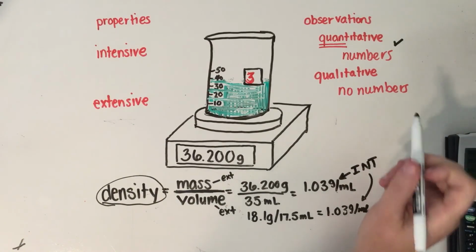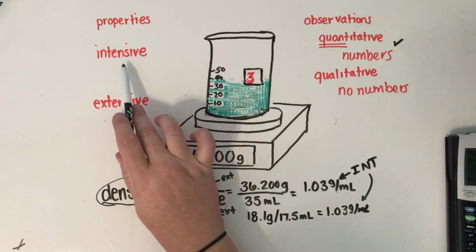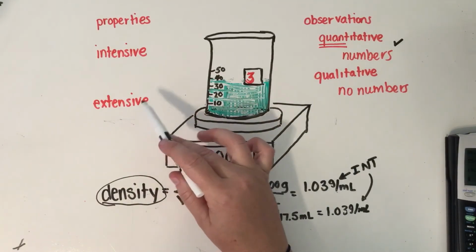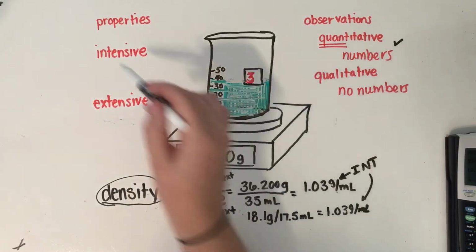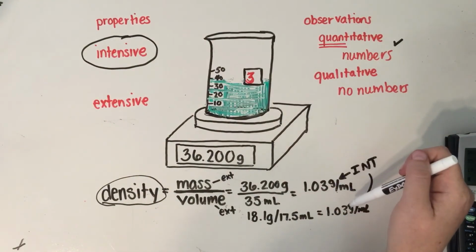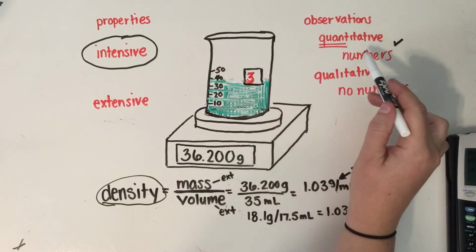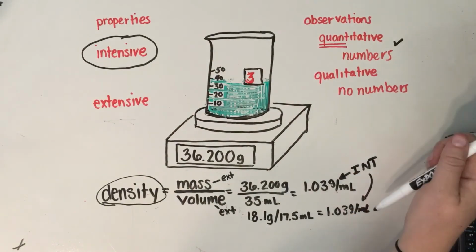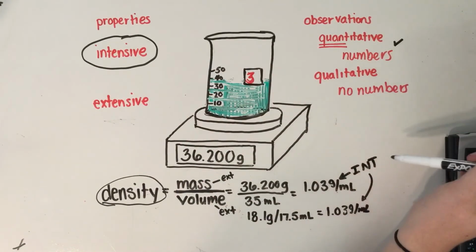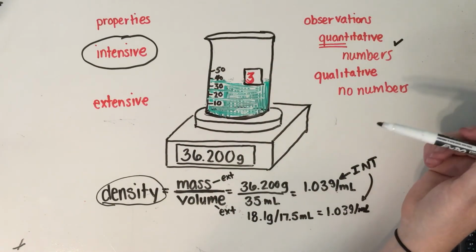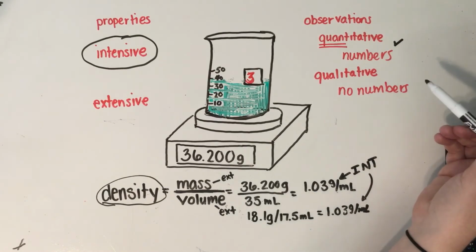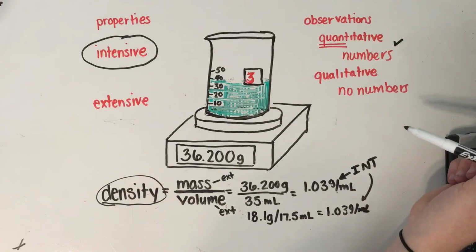One thing you need to get in your head is that intensive is not always qualitative. Extensive is not always quantitative. You can take an intensive property, something like density, and you can describe it through a quantitative observation, 1.03 grams per milliliter, but you could also describe it through a qualitative observation, something like saying it's incredibly dense or it's not very dense. It's a description that didn't use numbers.